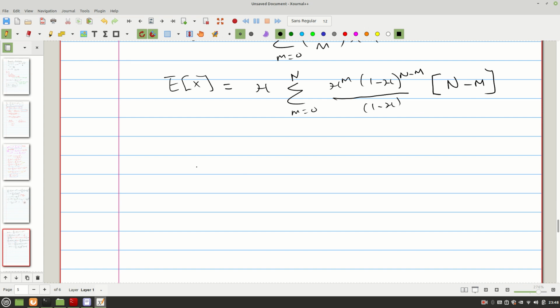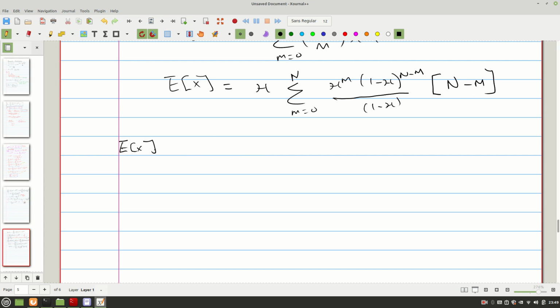So that means the expectation of x is equal to mu over 1 minus mu. We can take this mu out because it doesn't depend on the summation terms here, times our same summation, then we're going to multiply these two terms out. I probably need to give myself more space here because this expression is going to get really long.